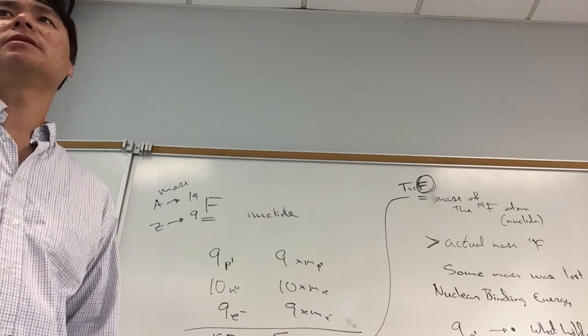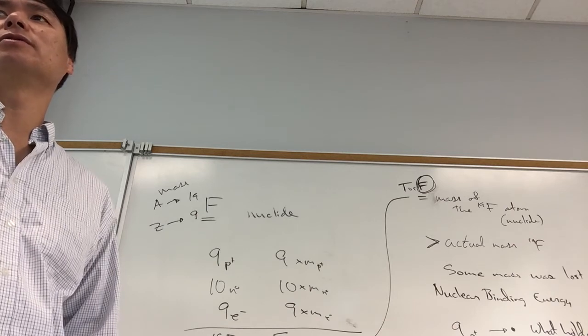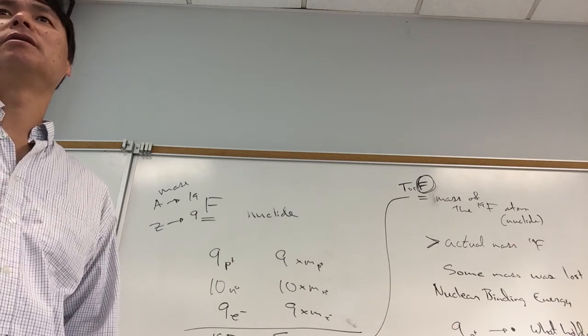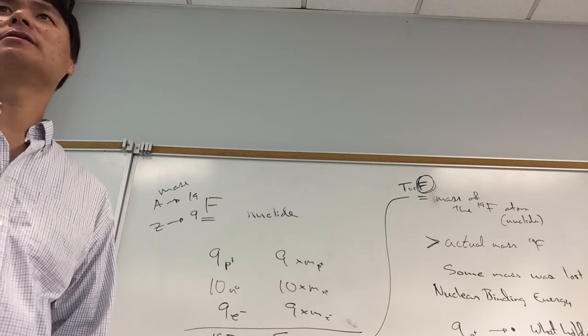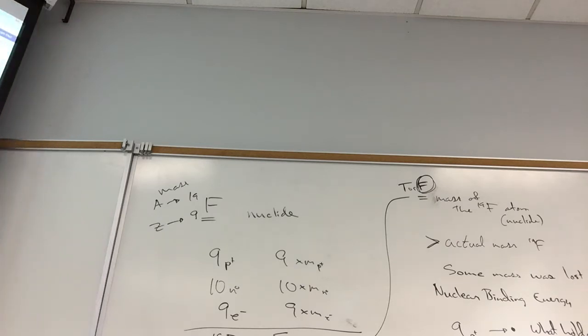There must be something stronger than electrical forces doing it, because for us chemists, we only care about electrical forces, like redox or bonding, this kind of stuff. But nuclear chemists, electrical forces aren't so significant, because they're dealing with much larger energies, like this.